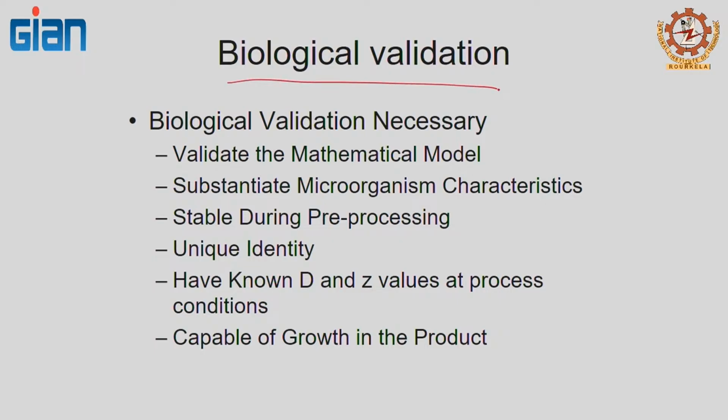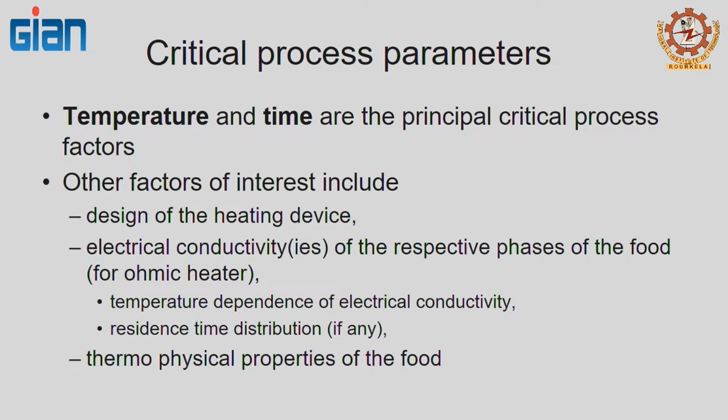In other words, they expect actual microorganisms to demonstrate the safety, and it has to be something relevant. Commonly Clostridium sporogenes is used because it has very similar characteristics to Clostridium botulinum, it also has known D and z values, and it can grow and spoil or cause an outbreak in the product.